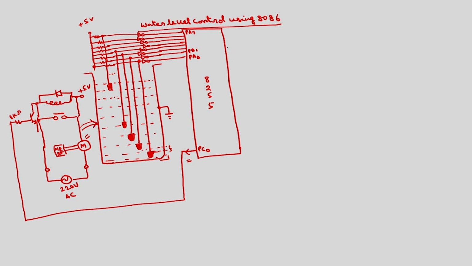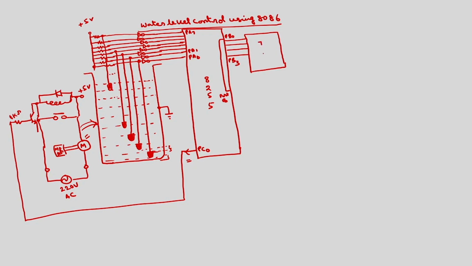Now, we can send this value to another port. I am using port B, to send the data to the display. Through a BCD to 7 segment decoder, you can use 4 pins of port B, the lower order 4 bits, PB0, PB1, PB2, PB3.